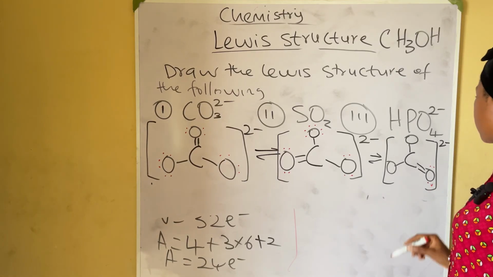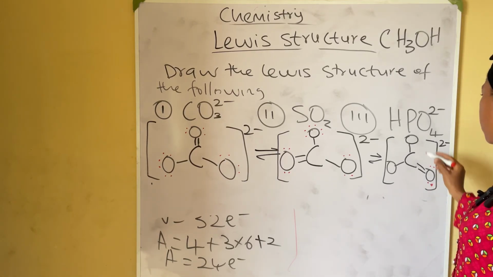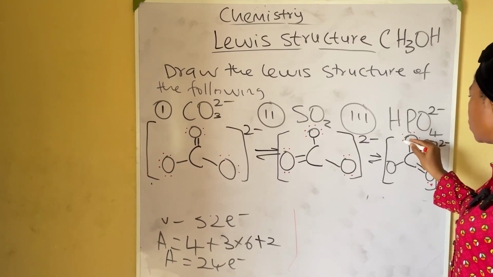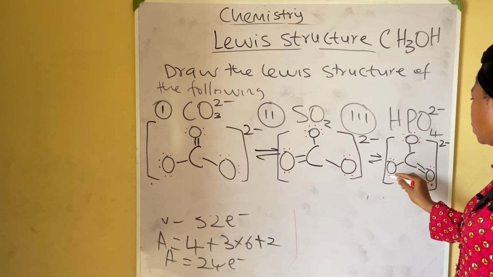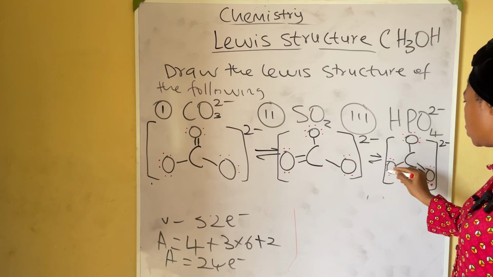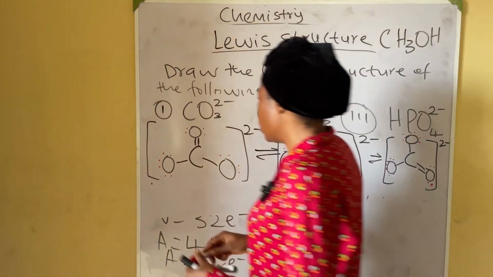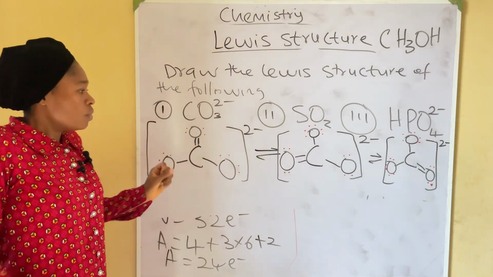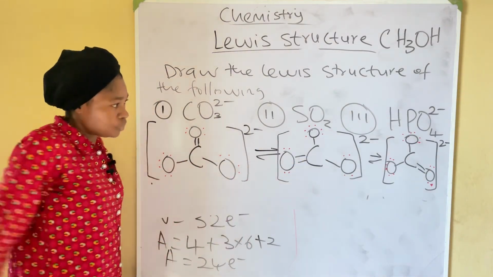So remember, when carbon has double bonds, only 4 electrons can be held there. A carbon single bond can hold 6 electrons. So these are the resonance structures of carbonate. All of them are equivalent.